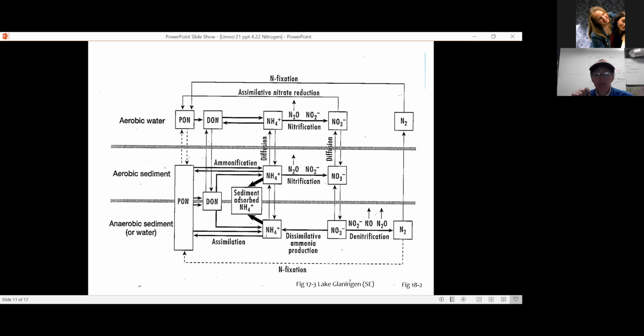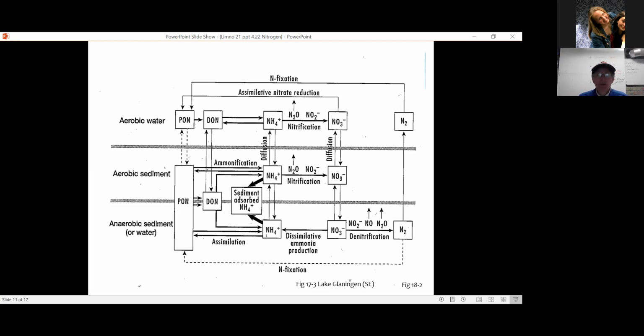Clay particles and humus, organic soil particles, are typically negatively charged on the surface. So the ammonium in particular is likely to stick to the solid components of the sediment, just by static electricity, because ammonium is positive.